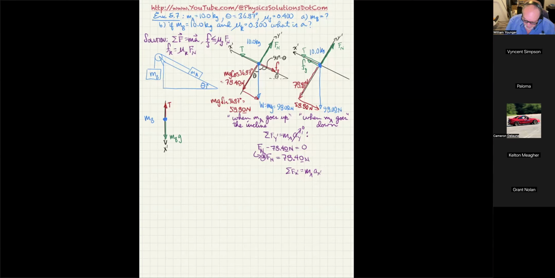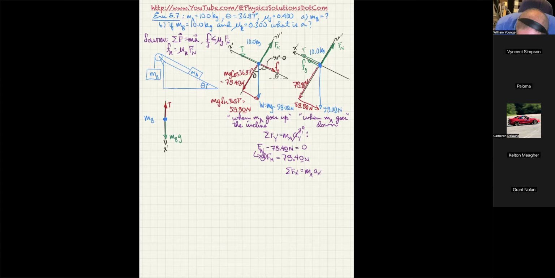Since this one's the MA going down, we'll just remember that, and I'll tell you how we're going to address it. So the summation of forces in the x direction: I've got a tension in the positive x direction, I've got a friction force in the positive x direction, and I have a negative 58.80 in the negative x direction.